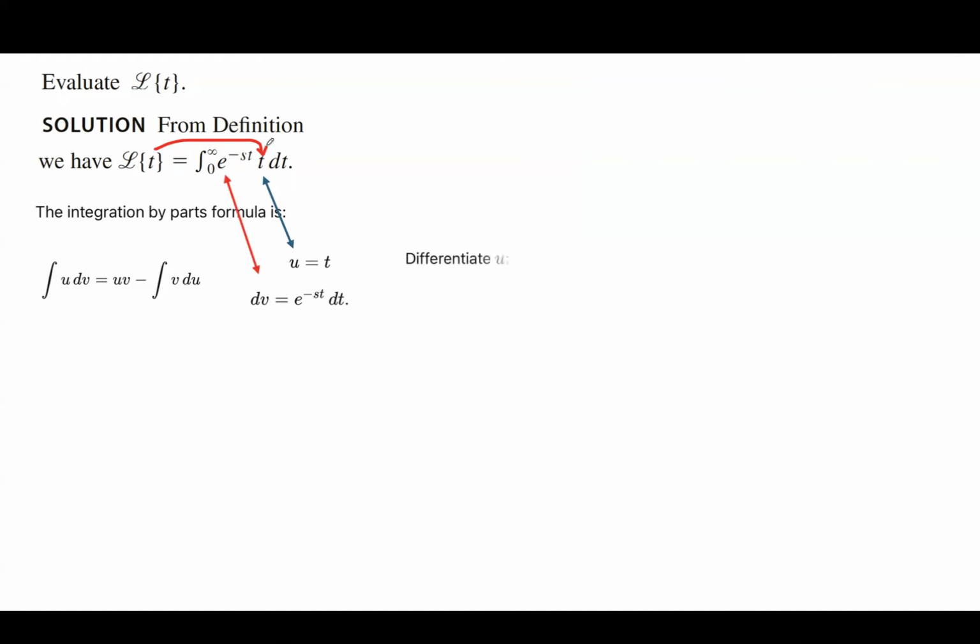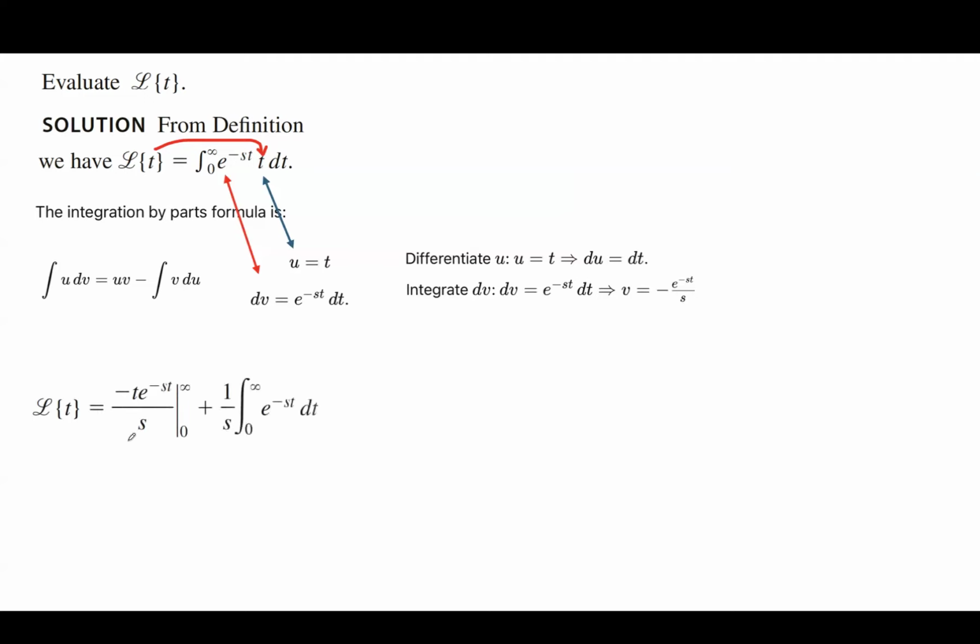Now let us continue. We differentiate u; the derivative of u is the derivative of t, which is dt. And we integrate dv, so v becomes e to power negative st divided by negative s. Let us plug this into the formula, uv minus the integral of v du.